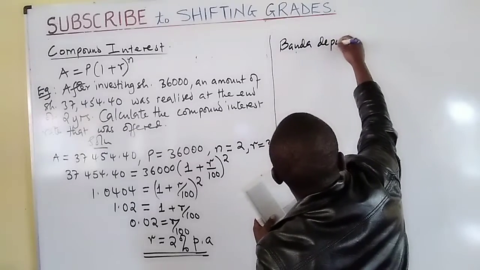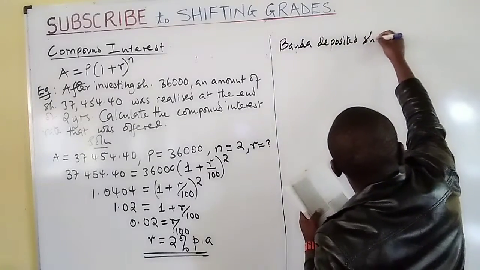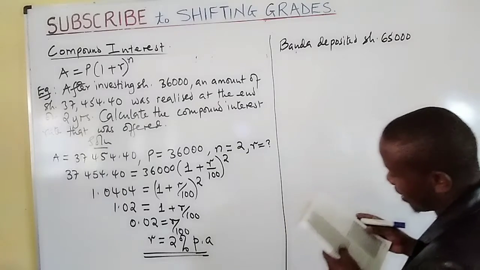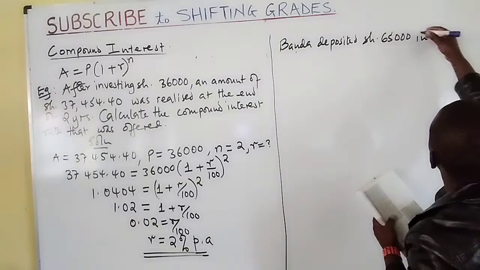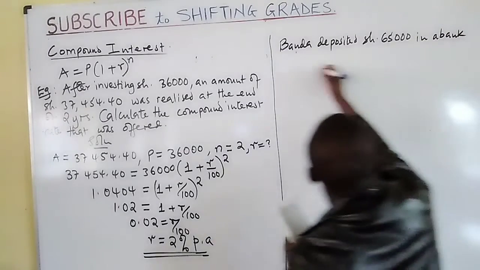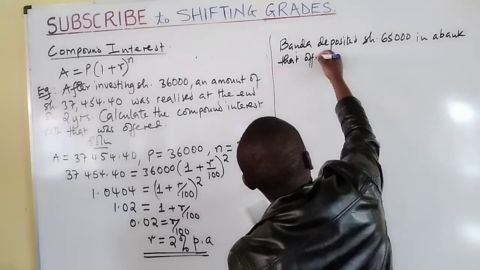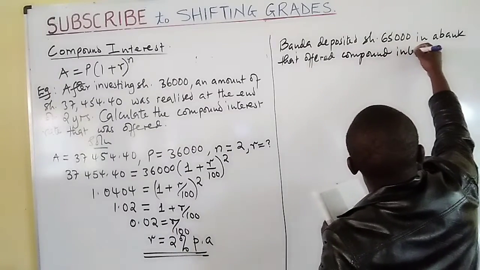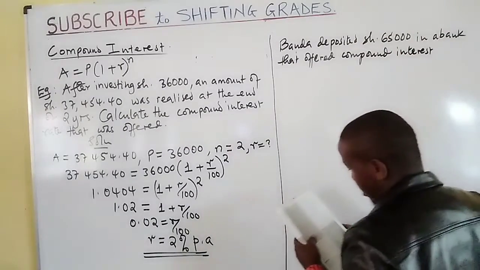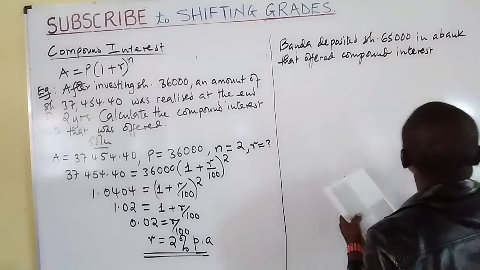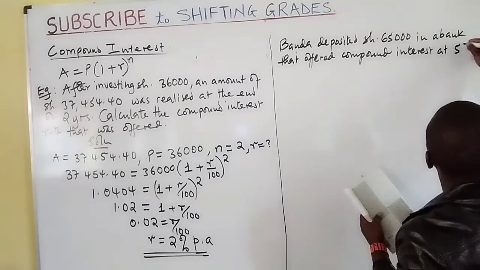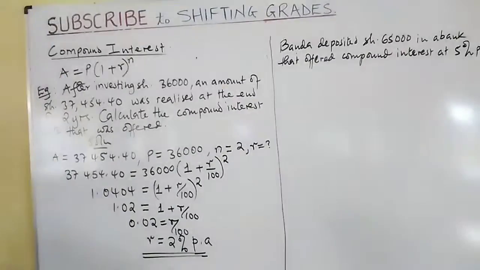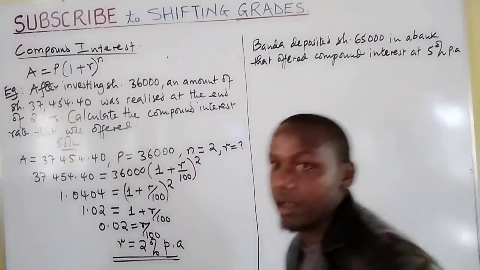So Banda deposited 65,000 in a bank that offered compound interest at the rate of 5% per annum. Per annum means yearly, or per year.